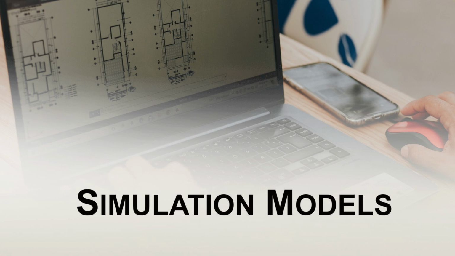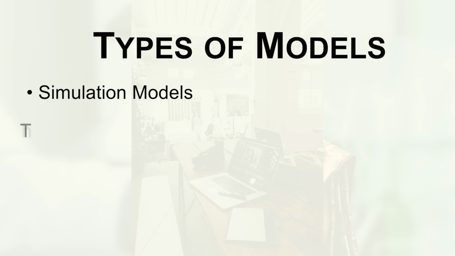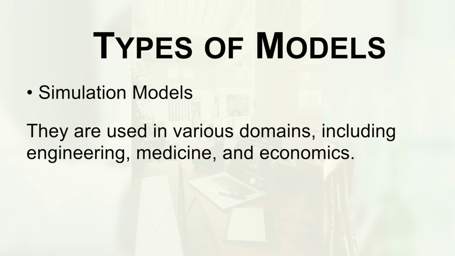These machine learning models are basically algorithms that learn patterns and relationships in data to make predictions or decisions without explicit programming. Simulation models mimic real world processes or systems over time to study their behavior under different conditions. They are used in various domains like engineering, medicine and economics.